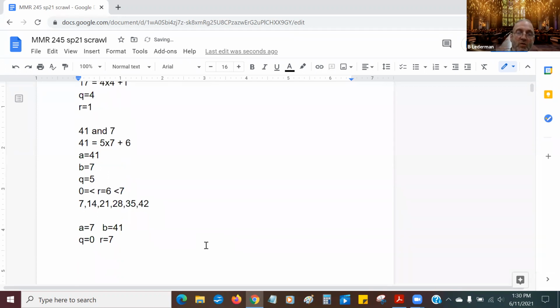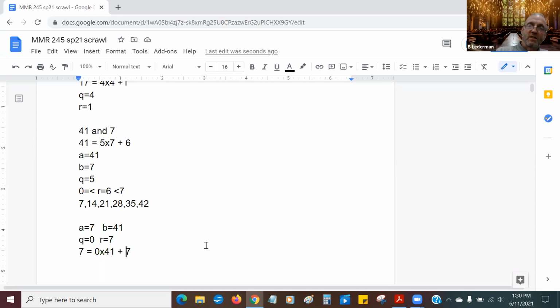In other words, 7 equals 0 times 41 plus 7. That's all the last line is saying: if B is bigger than A, it's a no-brainer. Usually we're talking about A bigger than B, but either way it's going to work.